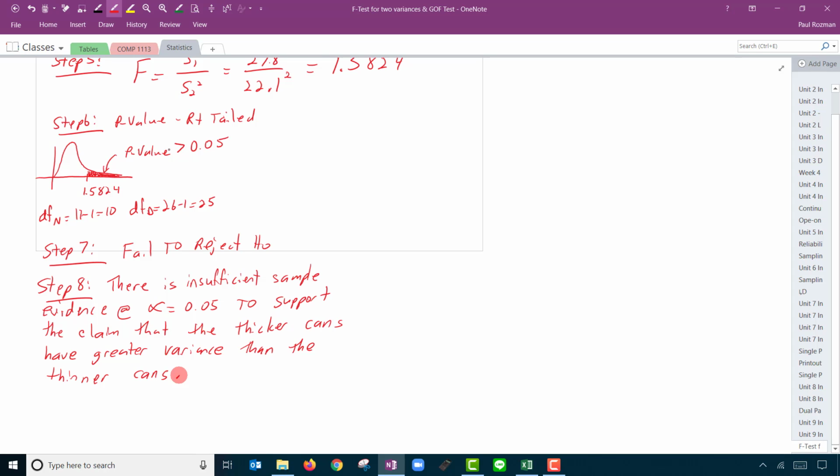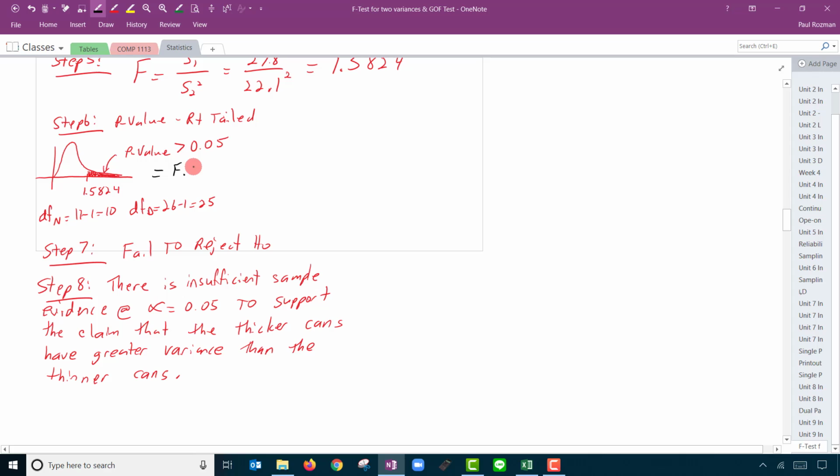I know that didn't feel very satisfying when we did the p-value so crudely. If we needed that p-value more precisely, we could of course use Excel there. It's a probability.